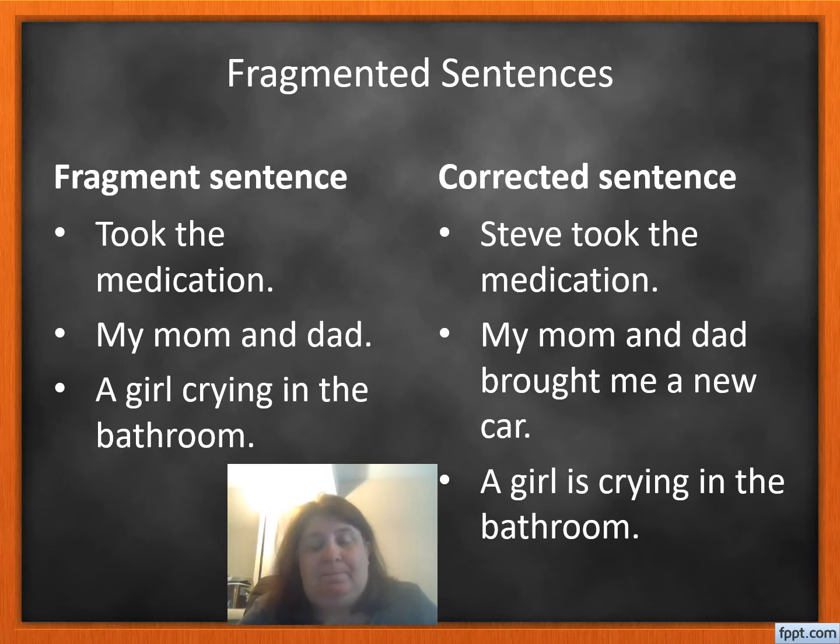So we know what the subject is and we know what the action is. And then in the third example, "a girl crying in the bathroom": a girl is crying in the bathroom. So we know exactly what she's doing now.